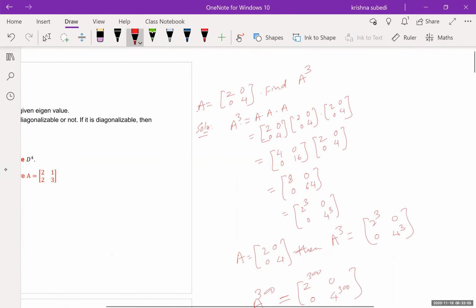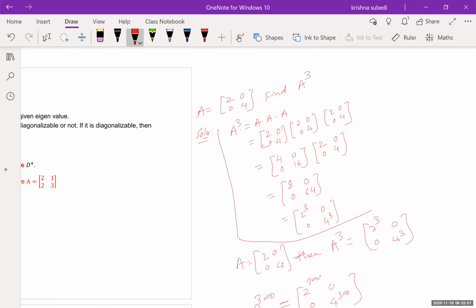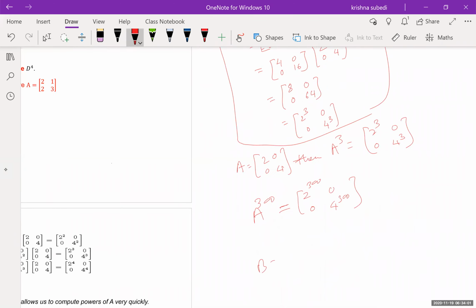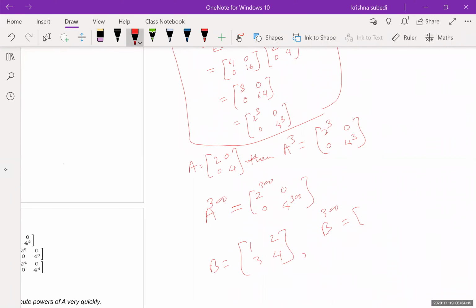If it is not diagonal, then we have to follow this method. Suppose B is, let's say, [1, 2; 3, 4]. If I ask you what is B raised to power 300, until now, what we need to do is write all these 300 terms. B means [1, 2; 3, 4], and then [1, 2; 3, 4], and write all the way up to 300 terms, and you multiply them all.